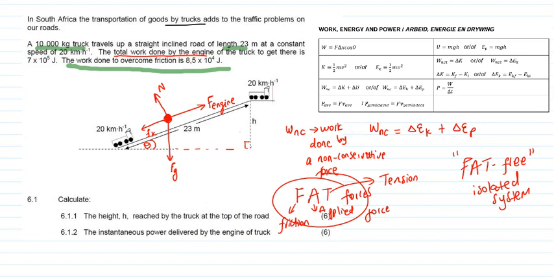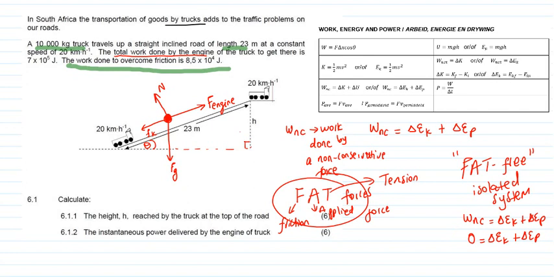Still use the same formula, but write it first, and then instead of W_NC, just write 0. Why are we writing 0? Because 0 means we do not have any friction, applied force, and tension. So once you do not have those, just use 0 there.